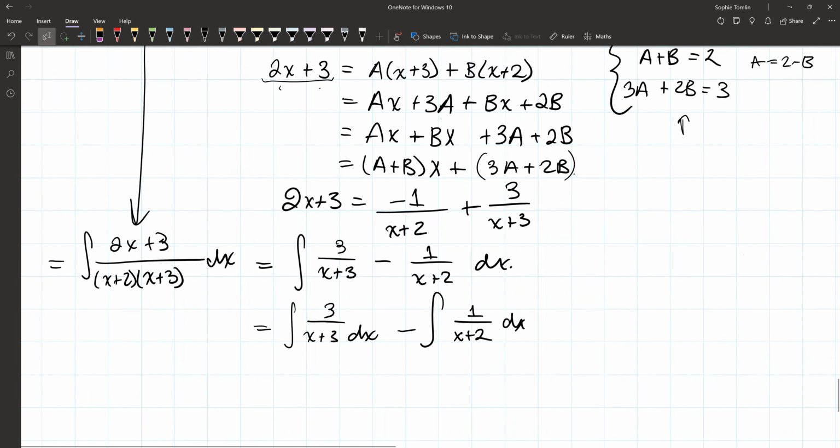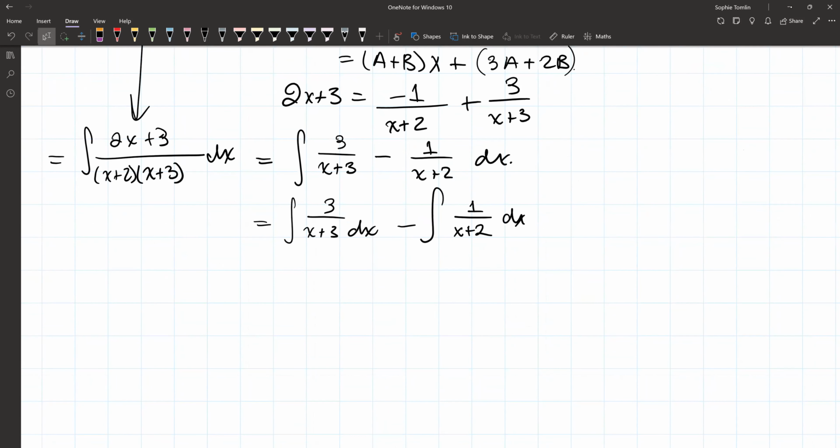Alrighty. Now these are some things that you would have likely seen. So this rational function is going to be equal to 3 times the natural log of the absolute value of x plus 3, plus a C here, minus the natural log of the absolute value of x plus 2, again plus another C. But since we have 2 C's that we don't know, we could put little subscripts on them if we wanted to.